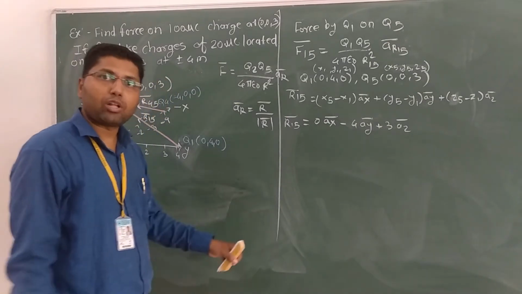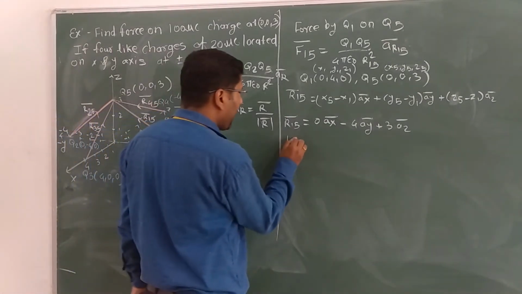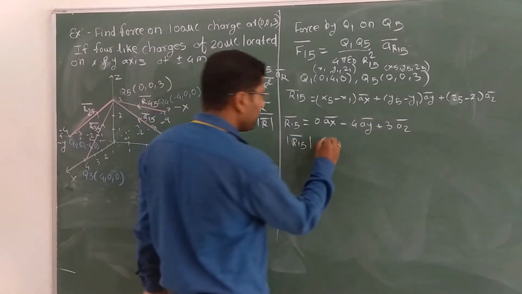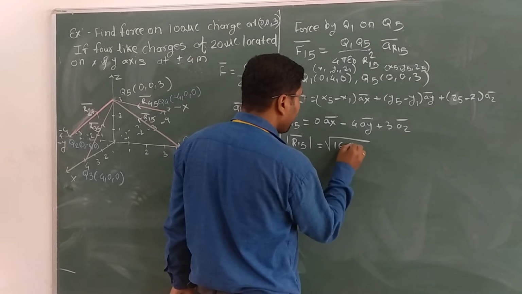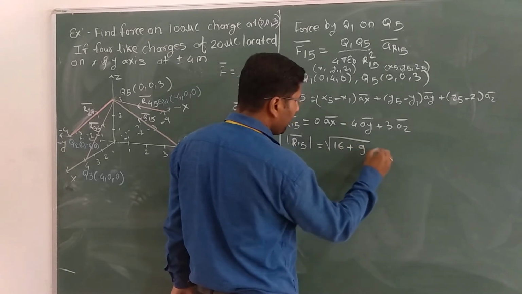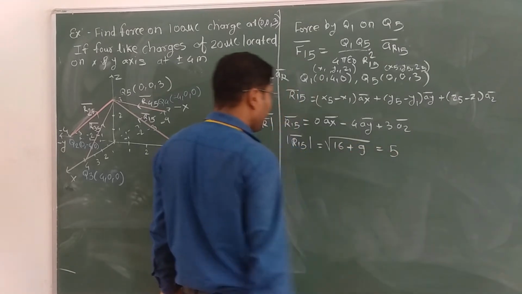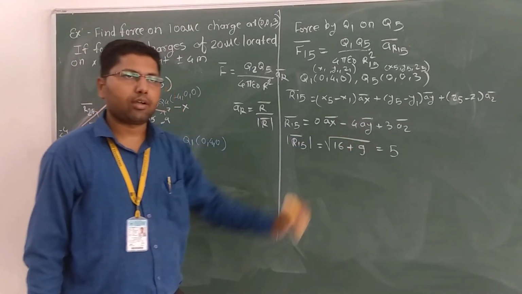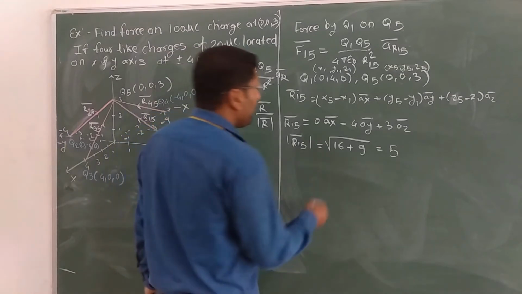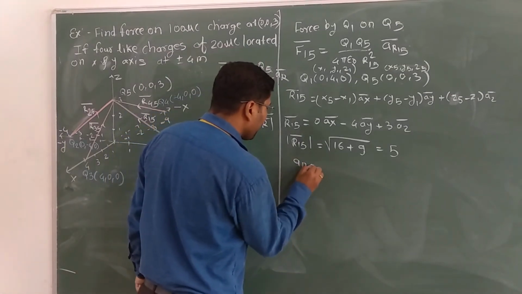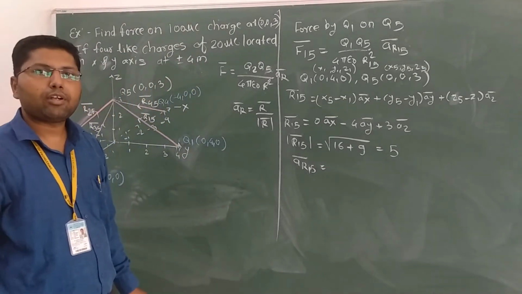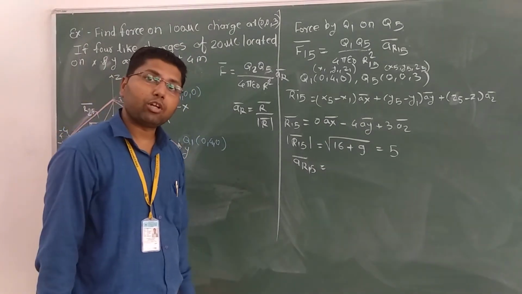We require magnitude also. So what is the magnitude of R15 bar? How to calculate magnitude? Mod of 16 plus 9, that is 25. Root of 25 is 5. So I have just calculated root of 25 as 5. Now we have to calculate AR15 bar. How to calculate the unit vector?